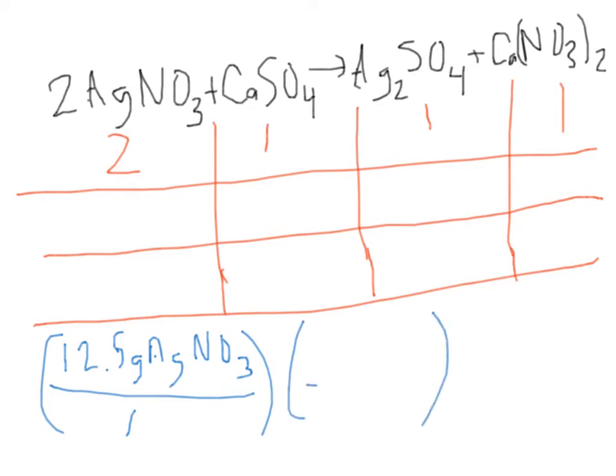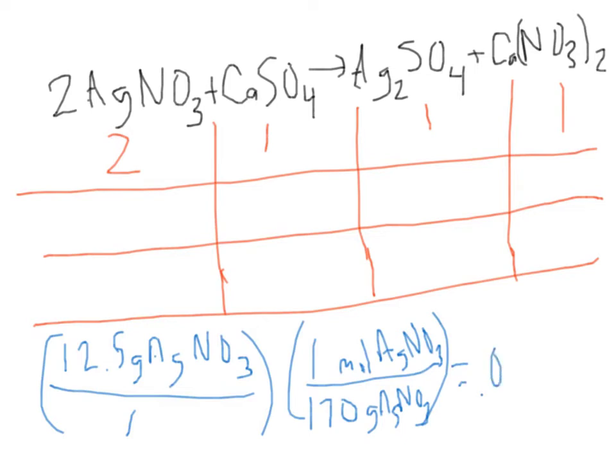So I need to figure out the molar mass of AgNO3. We need to look at our handy dandy periodic table, and when I do that, I find that the molar mass is 170. So 12.5 divided by 170 is 0.074 moles AgNO3.